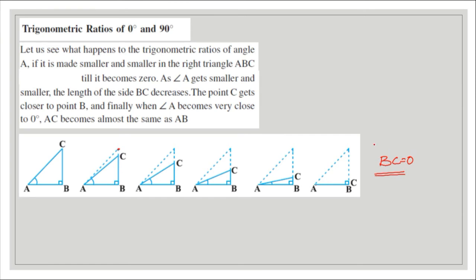Understood? If the angle is made very small, to 0 degree, the side BC becomes equal to 0. If you look at the first figure here, AC is what? It's the hypotenuse. The length of the hypotenuse also decreases in the process. At the end, the hypotenuse and the adjacent side become equal.